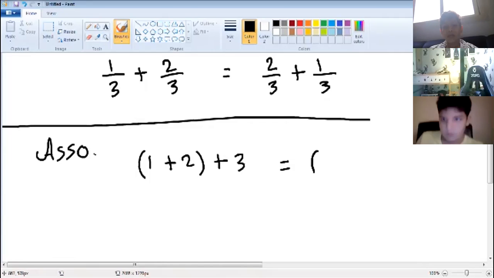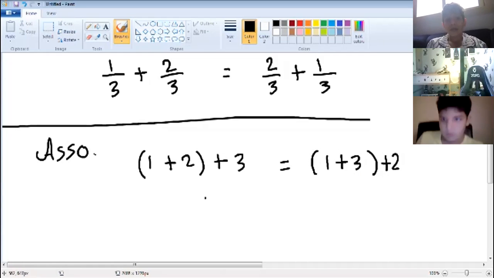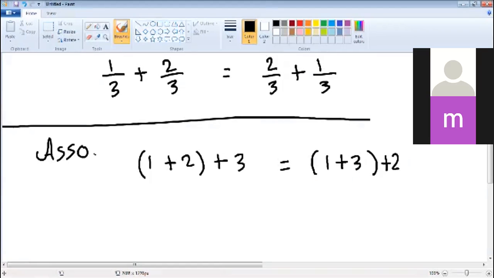Can I write it like 1 plus 3 plus 2? Yes, the same answer, 6. So if I put the order different, the first, the second, the third, if you change the order of the numbers, it will still be the same answer. Yusuf, you understand that?